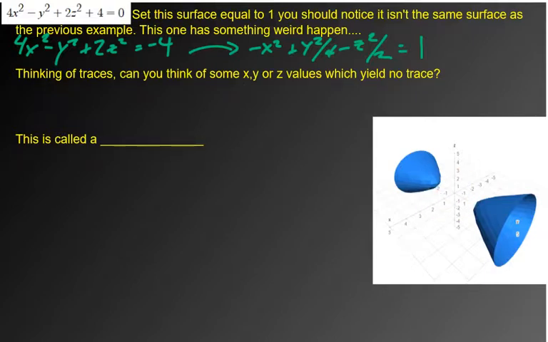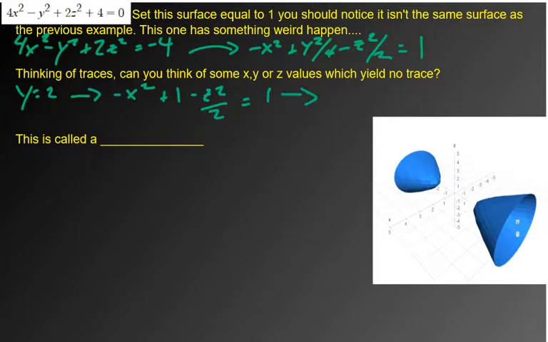So take, what's an example of one? If you take y equals 2, and you plug that in, you're going to get -x squared plus 1, minus z squared over 2 equals 1.